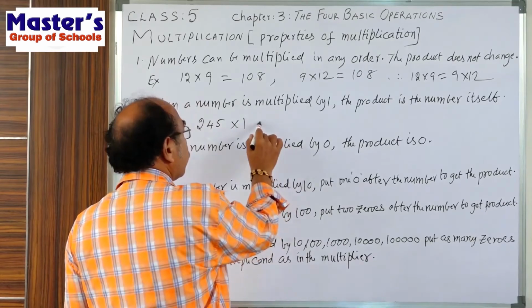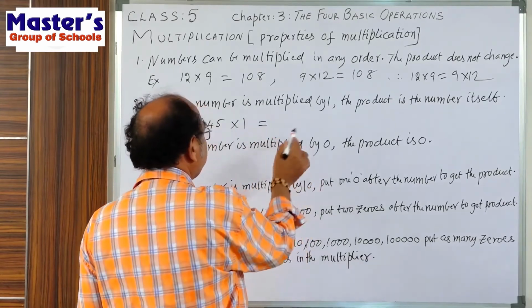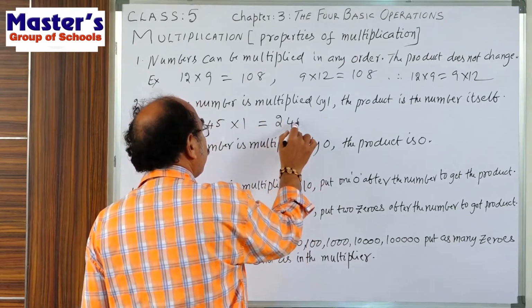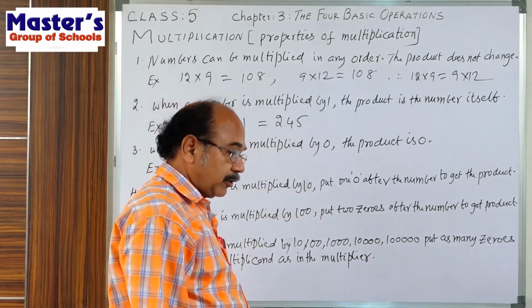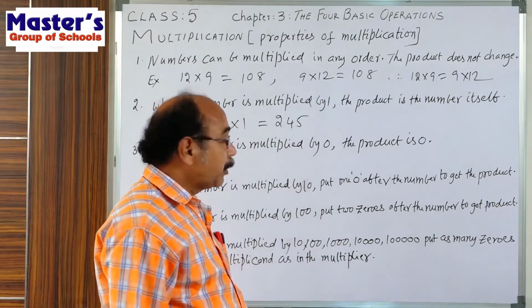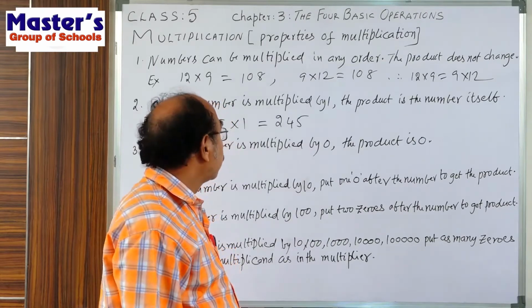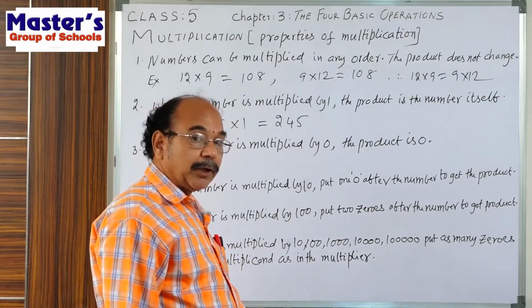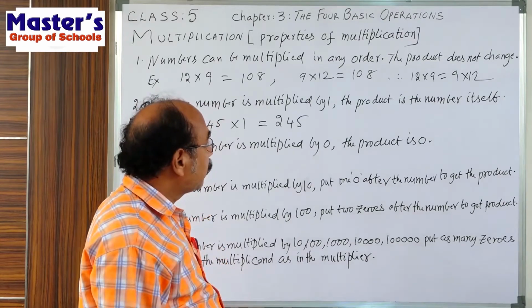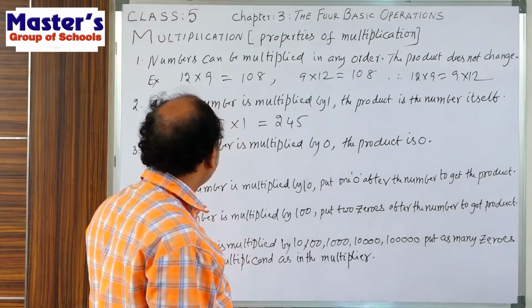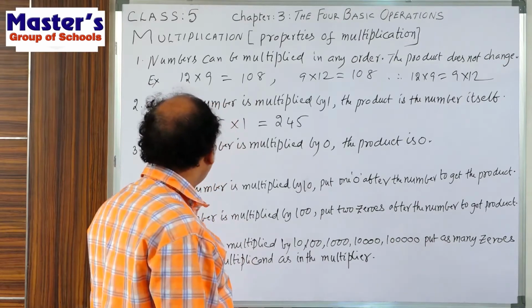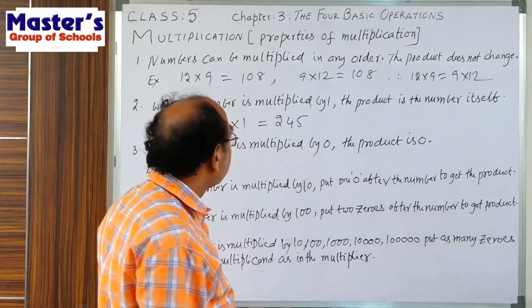Then again the number itself here. That means 245 only. 245 ones are 245. So here the number is multiplied by 1. Then the product is the number itself. That is the second example.